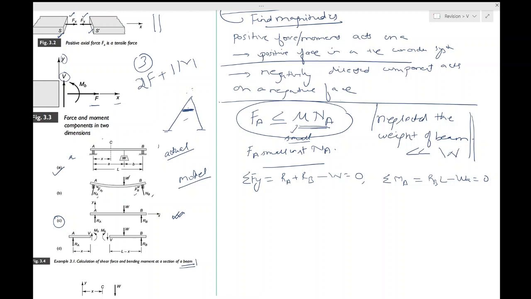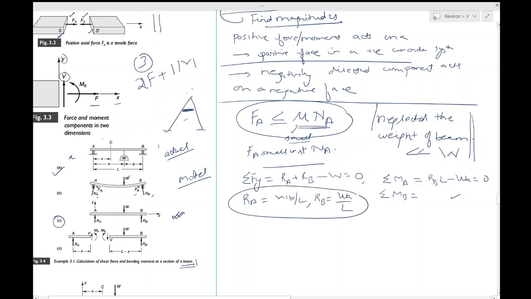You can also take sigma M about B and solve this problem. So you will get Ra as W b by L, and Rb as W a by L. So the reaction forces are now known to you.